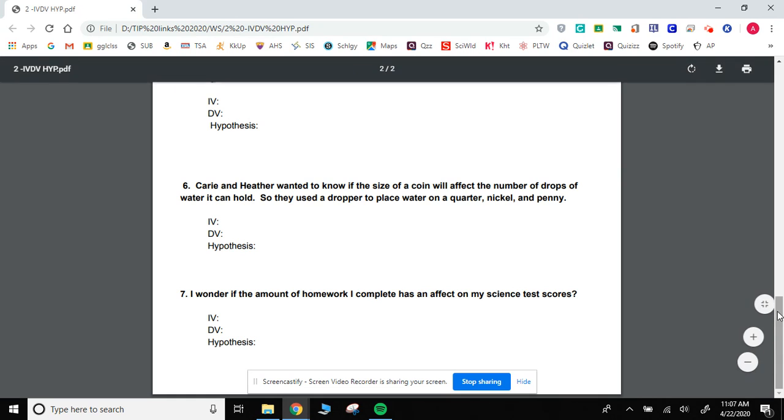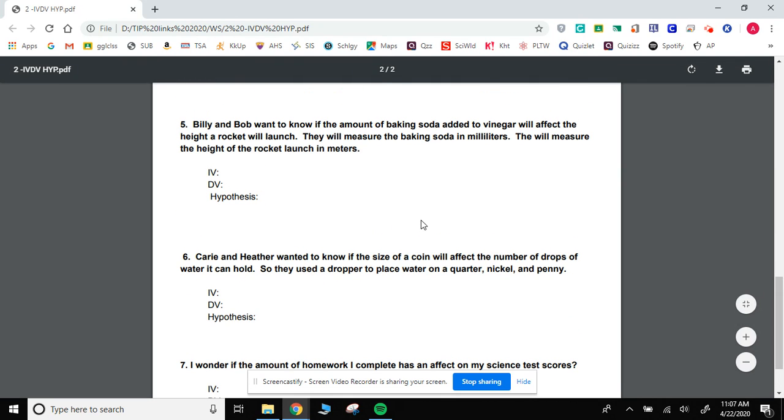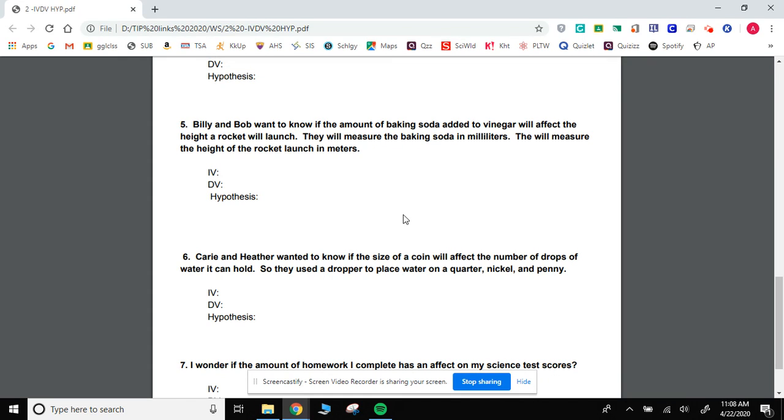Number five, Billy and Bob want to know how much baking soda is added to vinegar will affect how high the rocket will launch. They measure the baking soda in milliliters, and they measure the height of the rocket in meters. So the cause would be the amount of baking soda, and the effect would be the height of the rocket launch.